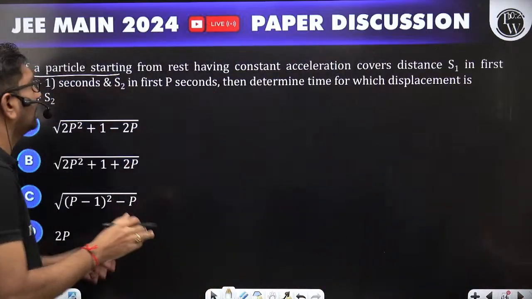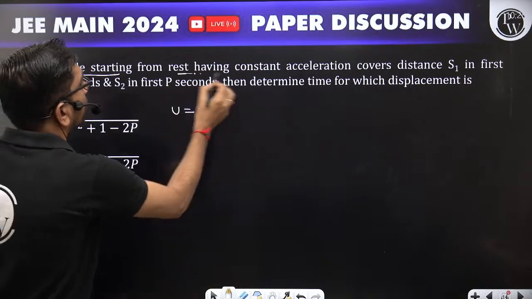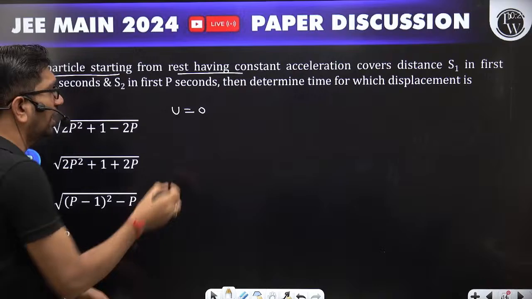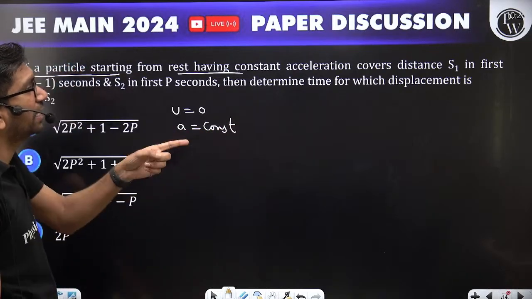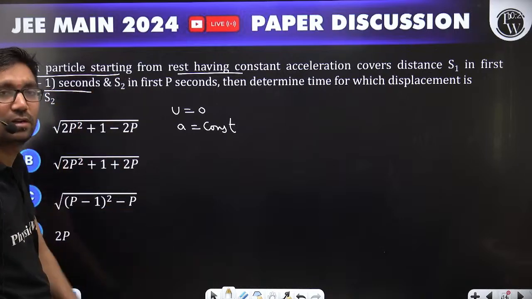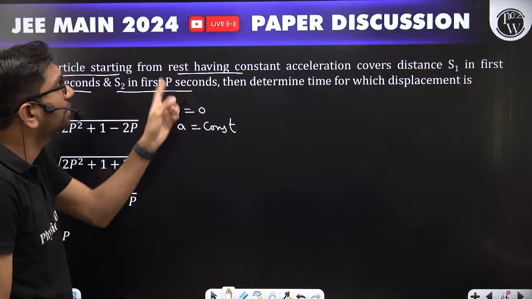If a particle starting from rest, initial velocity given as 0, having constant acceleration a, covers a distance s1 in first p minus 1 seconds and s2 in first p seconds.